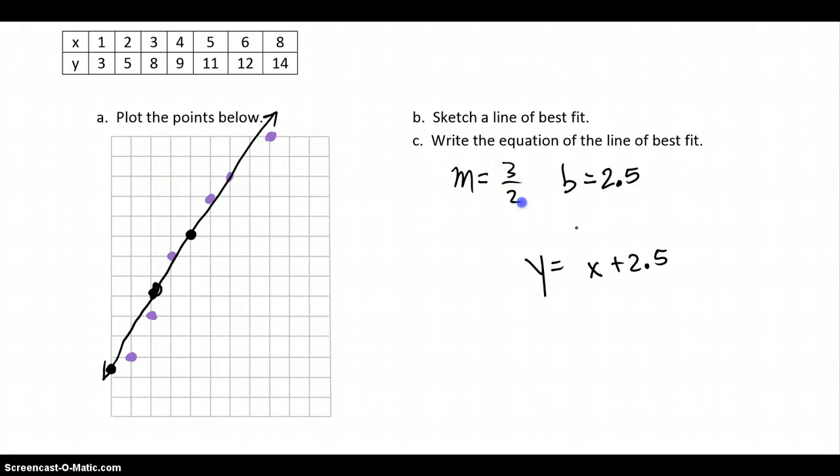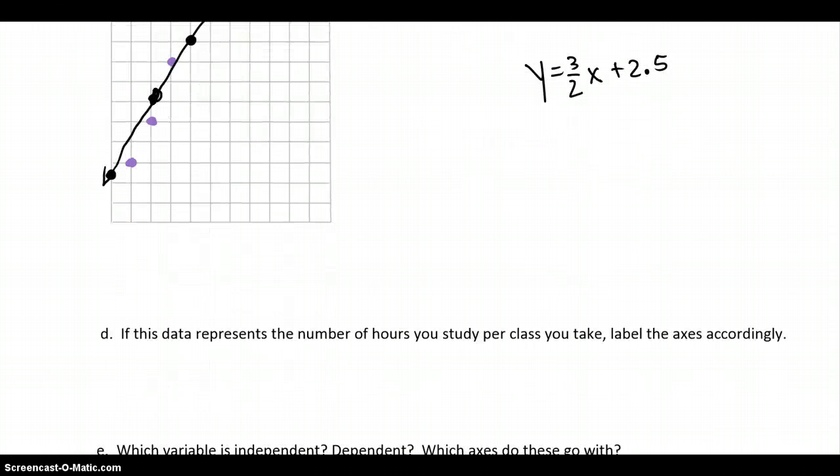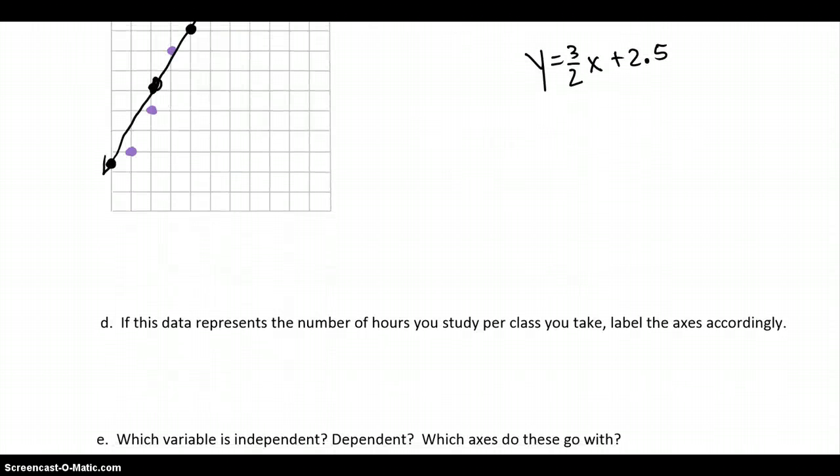And a y-intercept of about 2.5. Okay, so let's look at these follow-up questions. It says, if the data represents the number of hours you study per class you take, label the axes accordingly. So we are going to label the axes with information about the hours that you study and the classes you take.